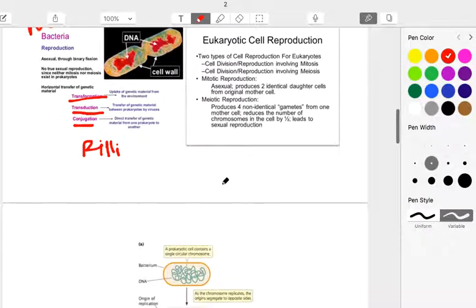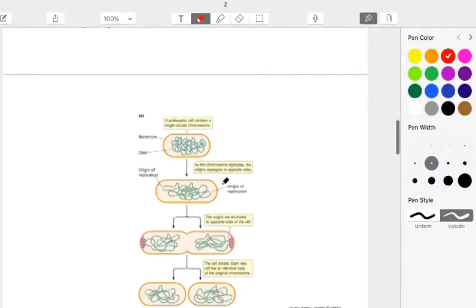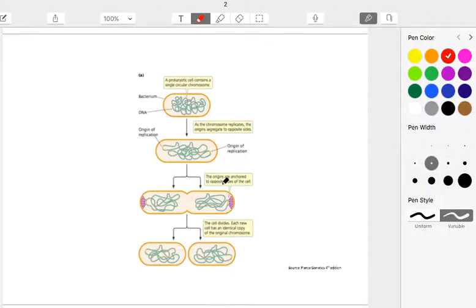Okay, let's talk about the very important topic of how prokaryotes divide, how they form offspring by means of binary fission.